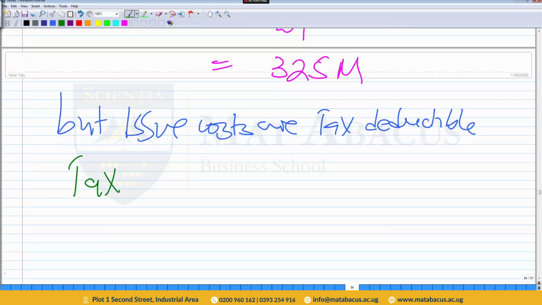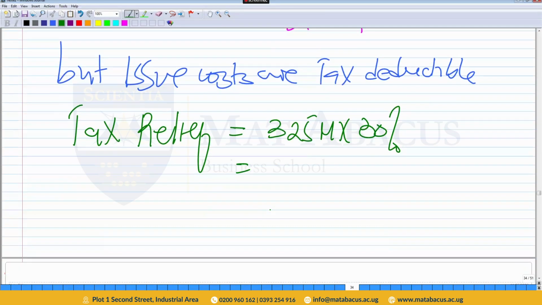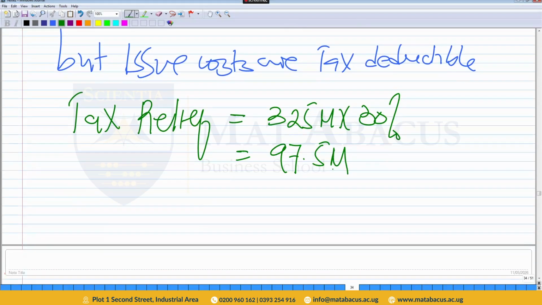I'm concluding the tax relief now is going to be the 325 million times 30%. And when you do that, you should be able to get 97.5 million.